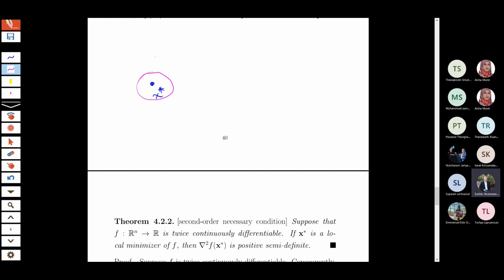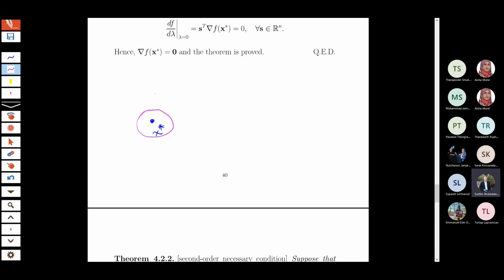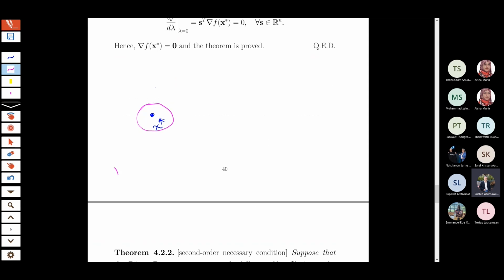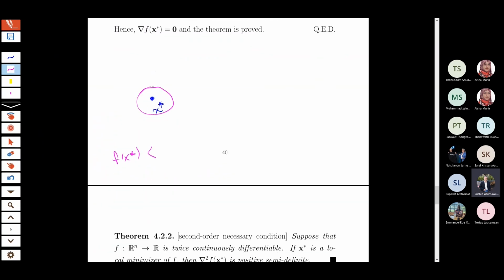we consider f(x star) must be less than, well, it doesn't have to be strict, it can be just a local minimizer. f(x star) has to be less than or equal to f(x) for all x in the neighborhood of the point x star.